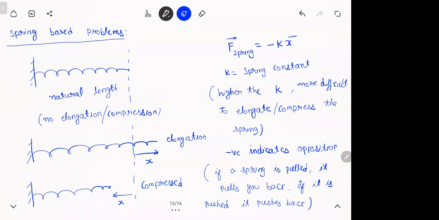Copied. Next one. Now, let me show you some examples.